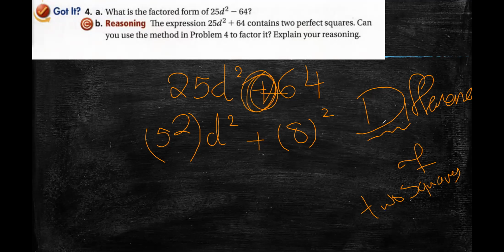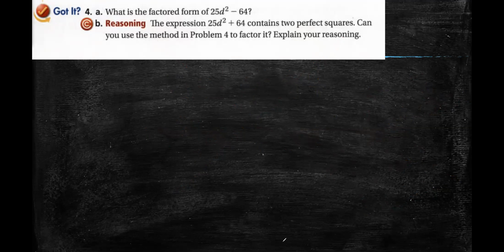If you have a plus, you will tell me, no teacher, it cannot be factored because it's a sum of two squares. I can only factor the difference of two squares. Is it clear?